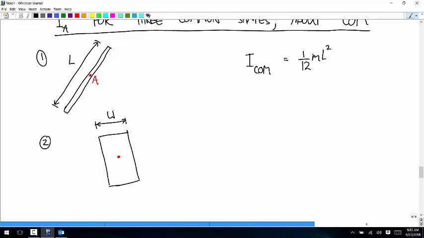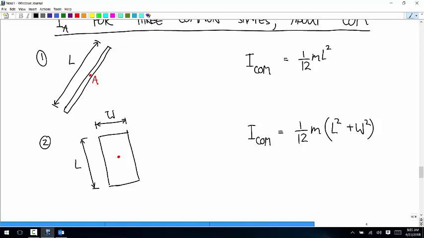Let's call this W and this L. And the mass moment of inertia about its center of mass is 1/12 times the mass times the quantity L squared plus width squared. So one reduces to the other as W goes to 0.